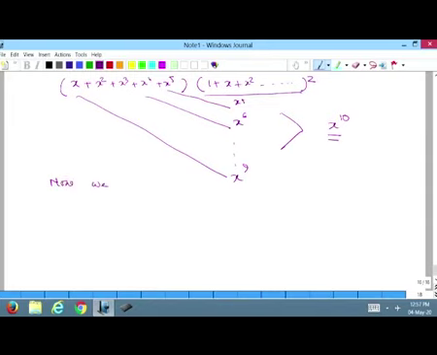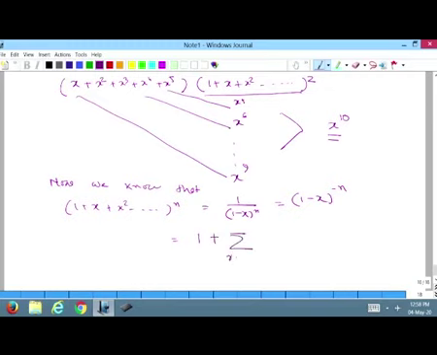Now, we know that (1 + x^2)^n, which is 1 upon (1 - x)^n, is equal to (1 - x)^(-n), which can be written as 1 plus sigma over r equals 1 to infinity of (n - 1 + r choose r) x^r.